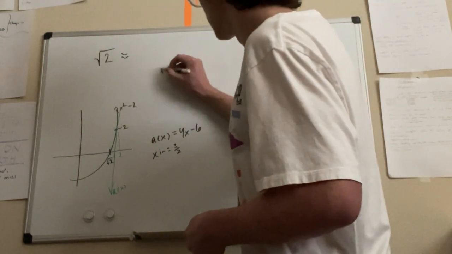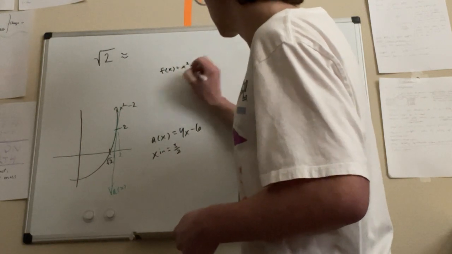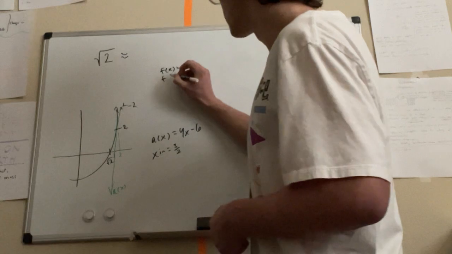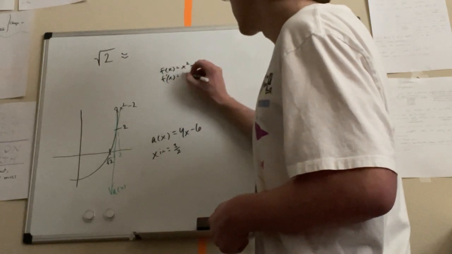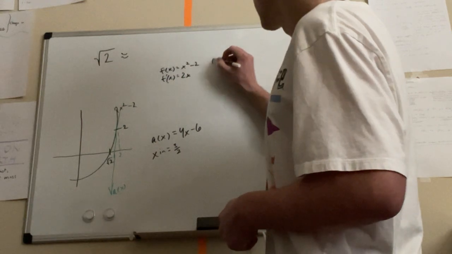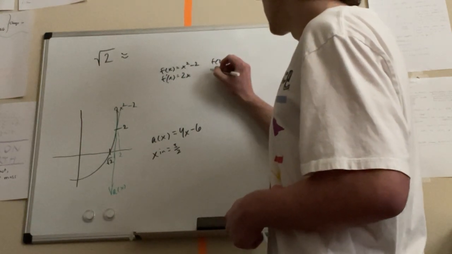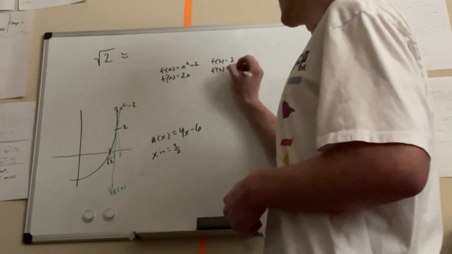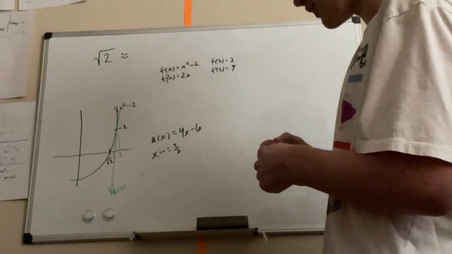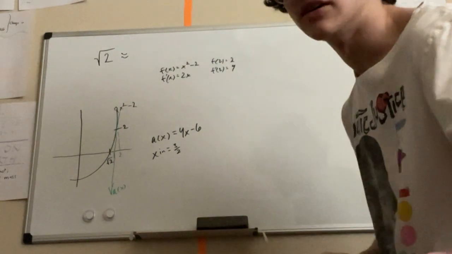Let's say f of x equals x squared minus 2, and then f prime of x is 2x. f of 2 equals 2, and then f prime of 2 equals 4. Okay, so we got it. It's all good.